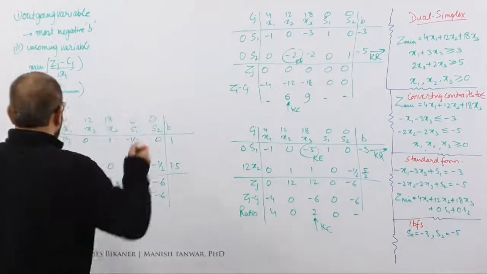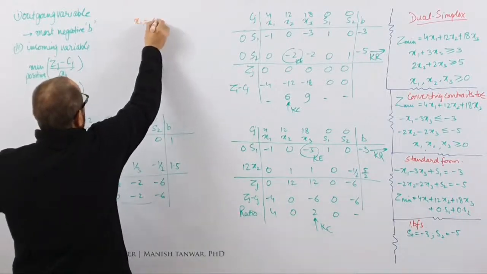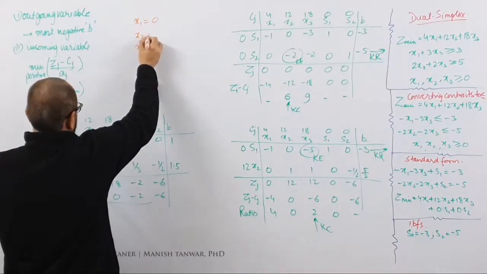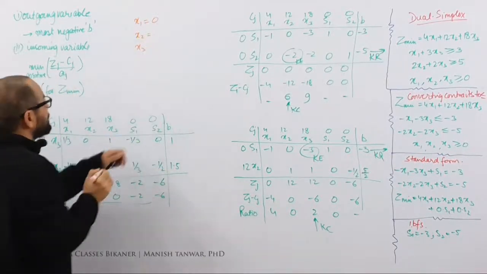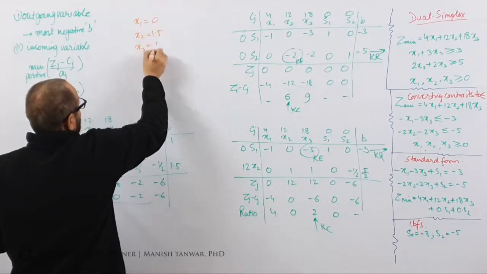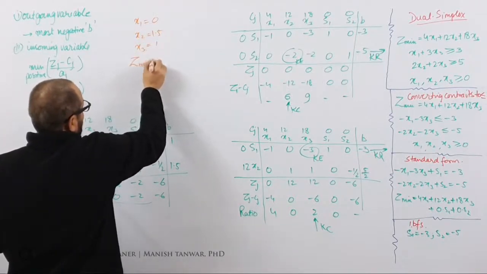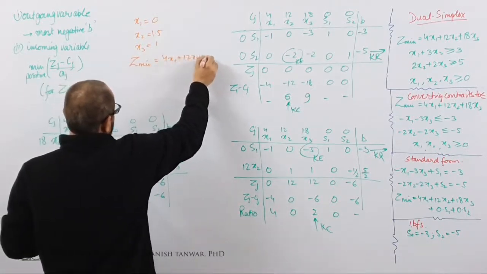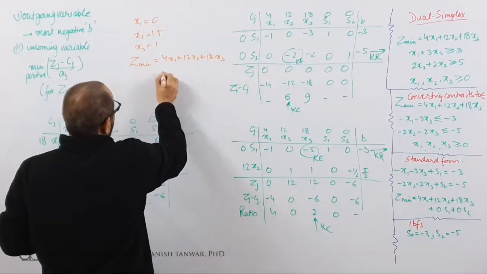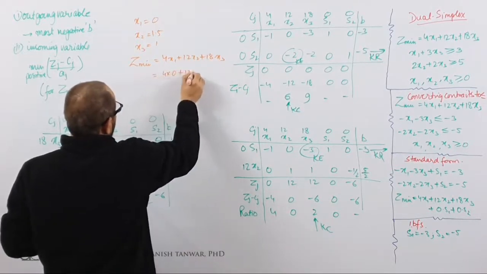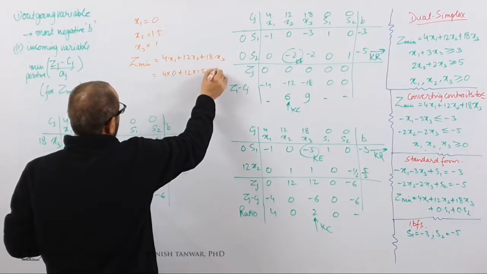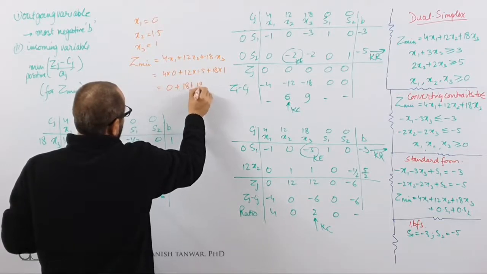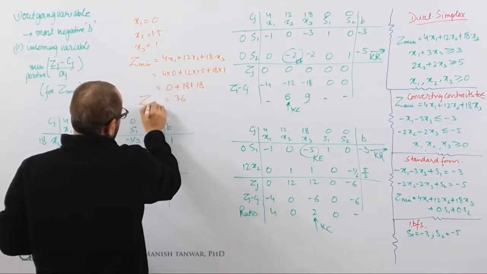It is x1 equal to 0 because there is no x1 in the basis, x2 and x3. x2 is 1.5, x3 is 1, giving me a z min of 4x1 plus 12x2 plus 18x3. 4 multiplied by 0 plus 12 multiplied by 1.5 plus 18 multiplied by 1, making it 0 plus 18 plus 18, making it 36.